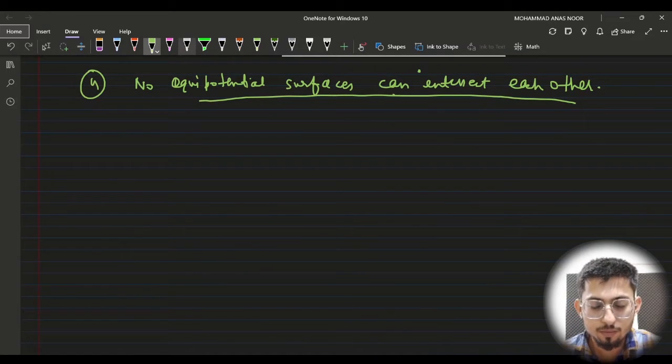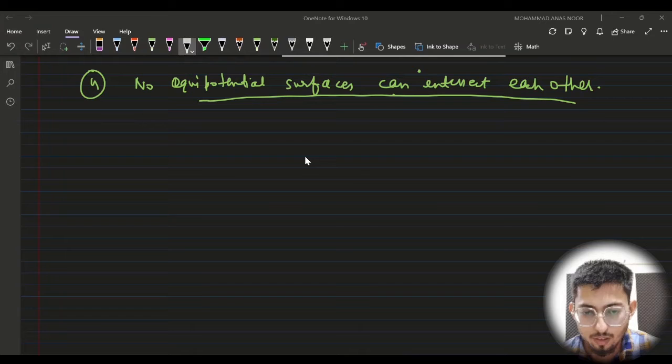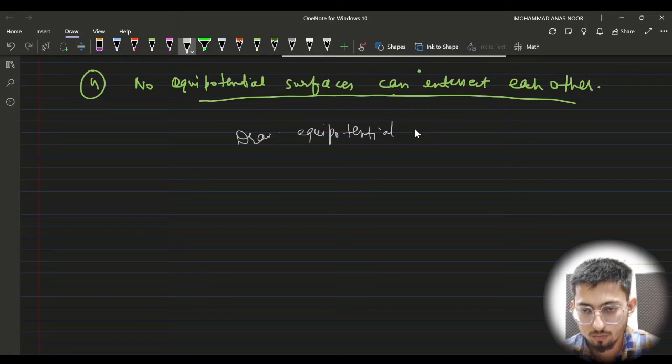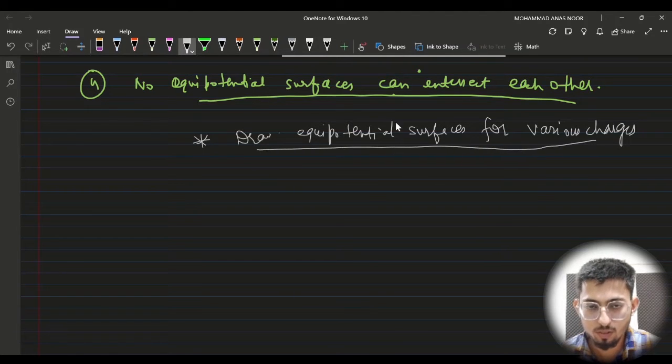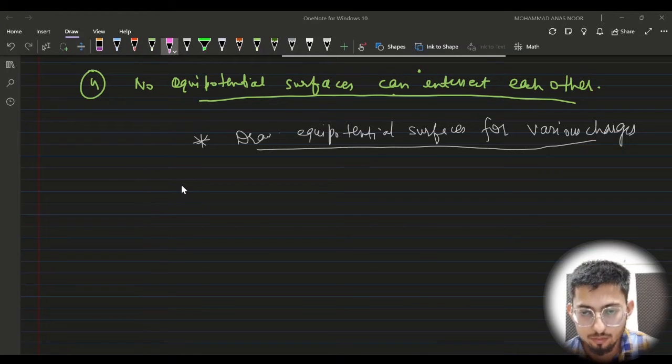Now let's draw equipotential surfaces for various charges. Let's first start with a point charge.